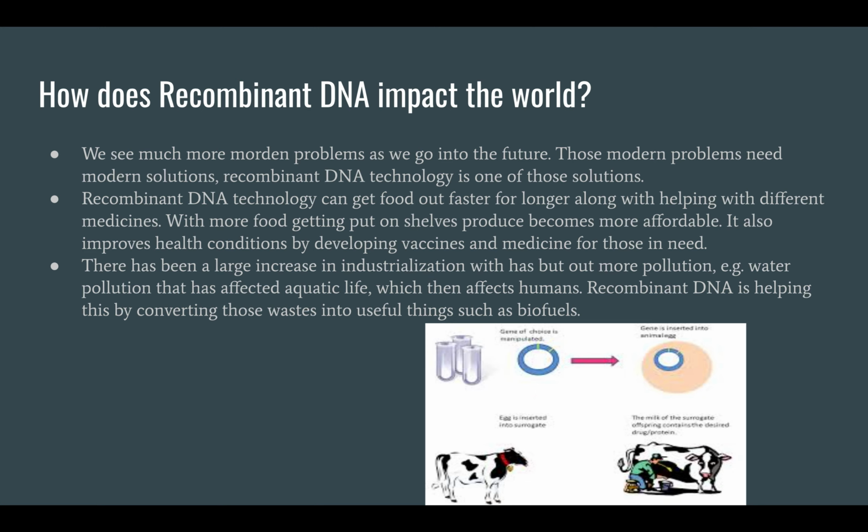With more food getting put onto the shelves, the more that gets put out, the more affordable it becomes, which is also extremely important because that can be desirable to classes that, while we grow and while everyday things become more scarce and a bit more expensive, being able to get food and just regular produce out there enough for it to be affordable is going to be extremely helpful.